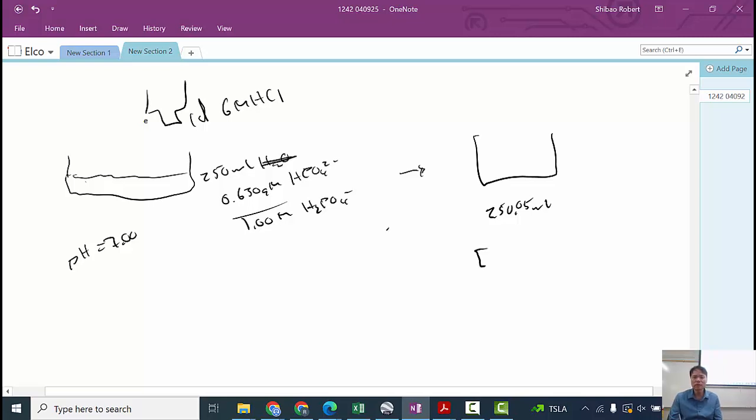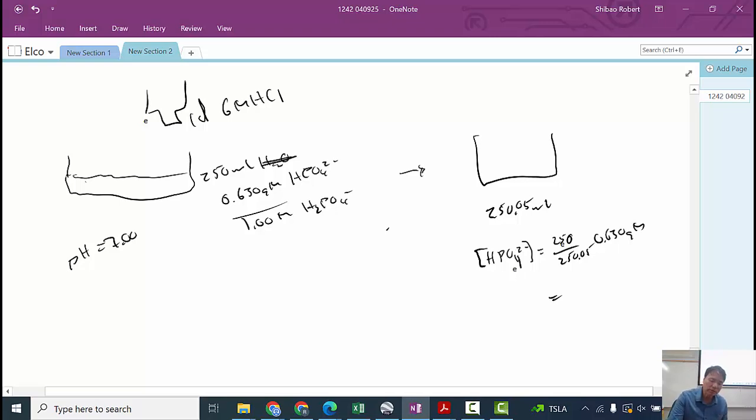The new concentration of HPO4 2 minus is going to be 250 to 250.05 dilution of 0.6309 molar. It barely changed.